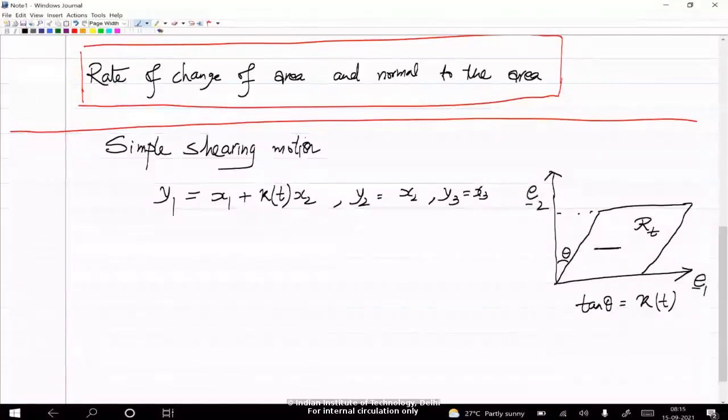But a line element along E2, its length is changing with time. Similarly, a line element along E3, that also does not change its length. Okay, so I hope you guys can recall it. Now let us see what can we say about the rate of change of those quantities, because that is what we are doing now. So we would like to find out this D tensor, let us say. What is D for this particular case?